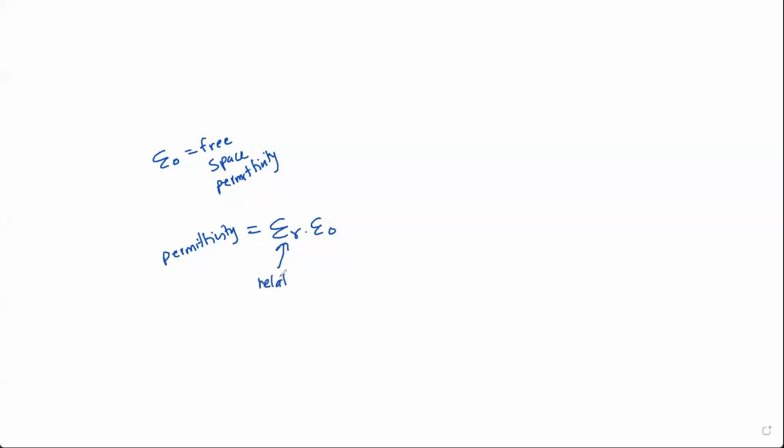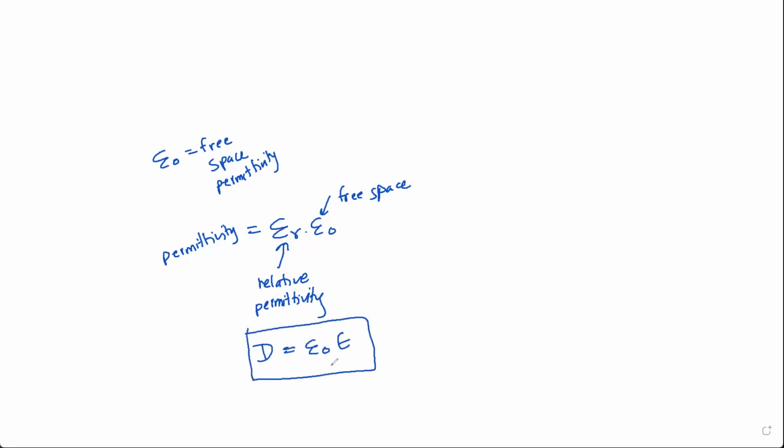The relative permittivity coefficient needs to be added where we consider other materials, not free space. Epsilon naught is used only if we consider free space. In my explanations, I always use epsilon naught, so you need to keep in mind that I am considering the free space behavior.